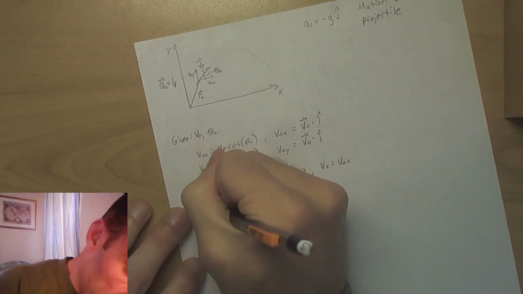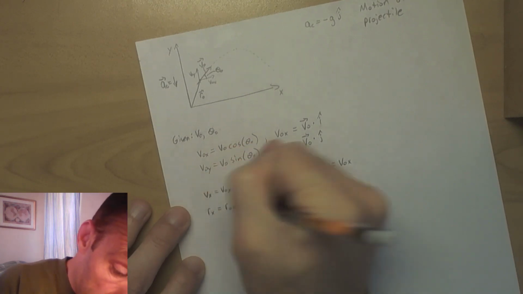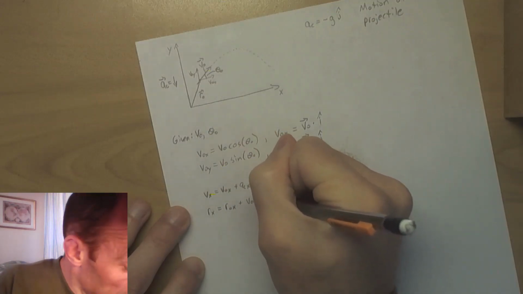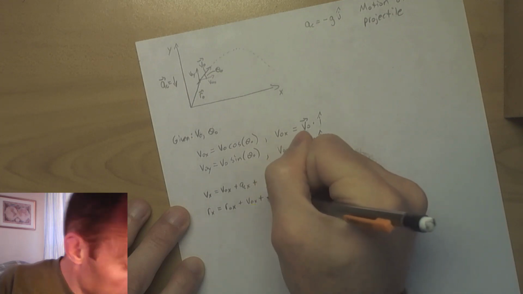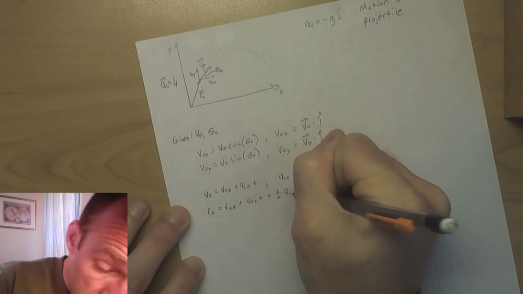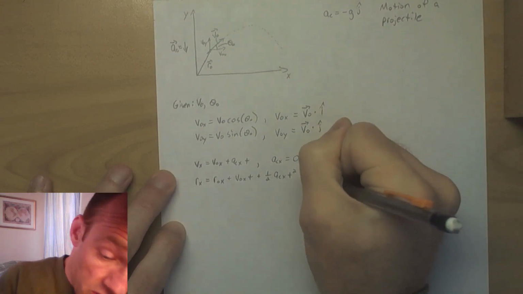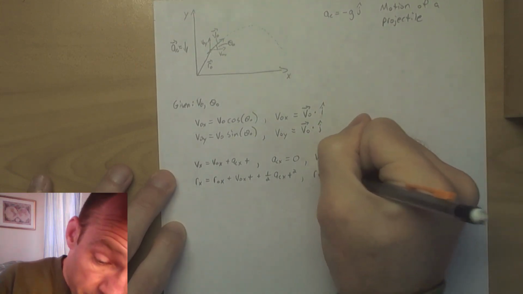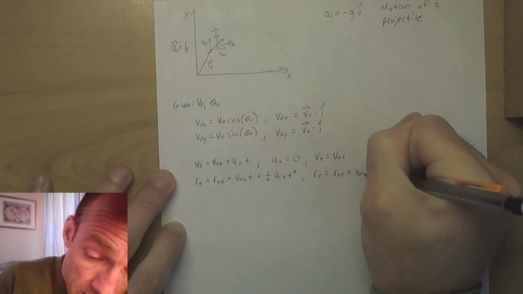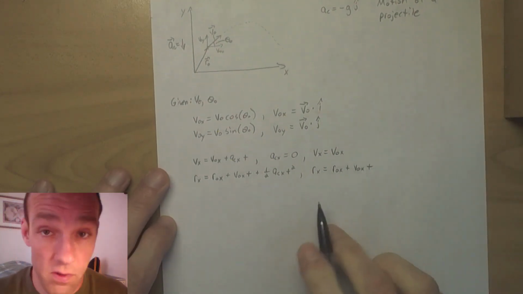And likewise, the position component of x, again, a sub x is 0, so this just simplifies to a linear relationship with velocity.